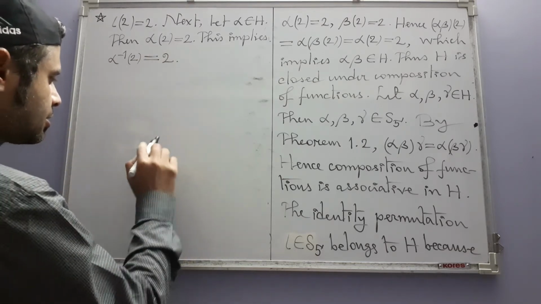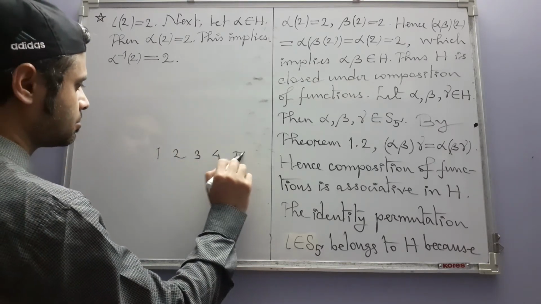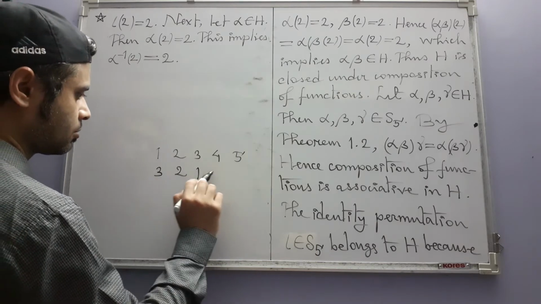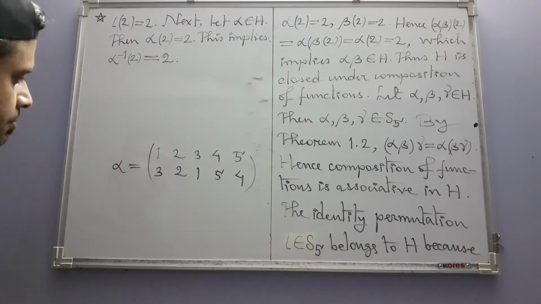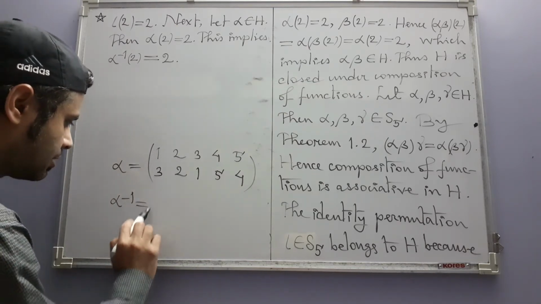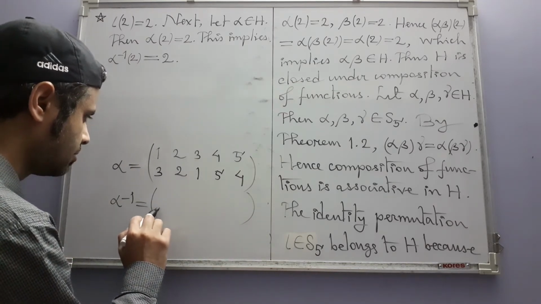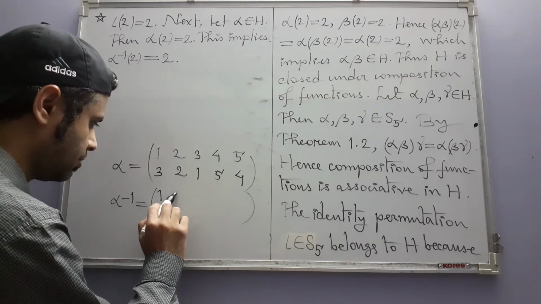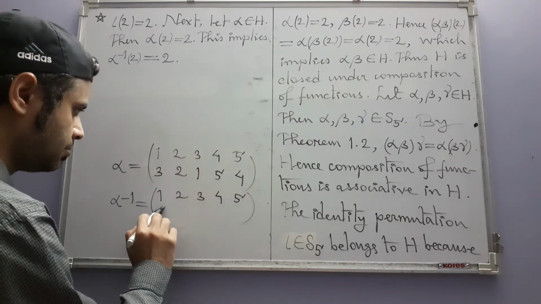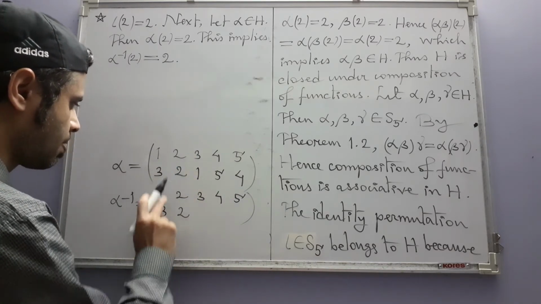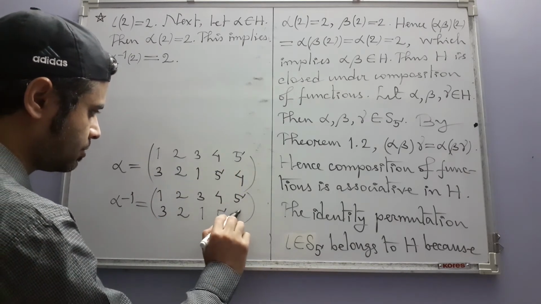Alpha does not change 2, so it's like this, no? You take, say your alpha is this. This is your alpha. Now if you calculate alpha inverse like how we were calculating it in a few of the previous exercises, 1 to 3, 2 to 2, 3 to 1, 4 to 5, 5 to 4.